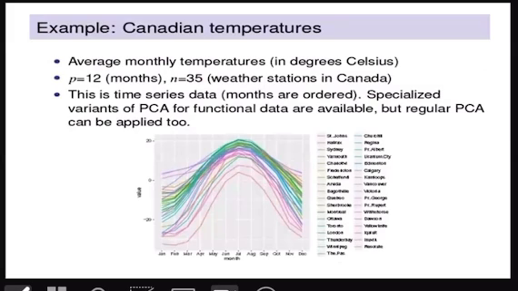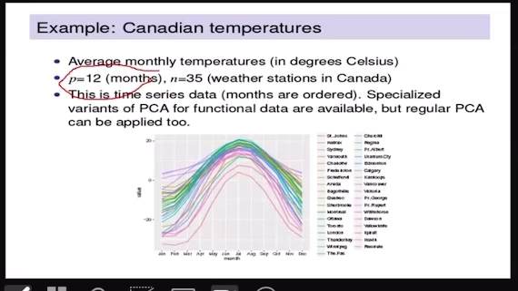I want to talk about Canadian temperatures and cities in Canada. Maybe we have a lot of features, and we want to use principal component analysis. At the end of the day, the original variables of interest are the months, January to December.